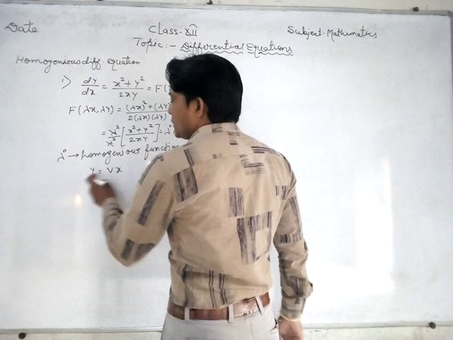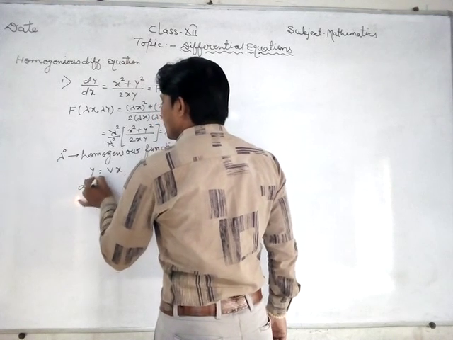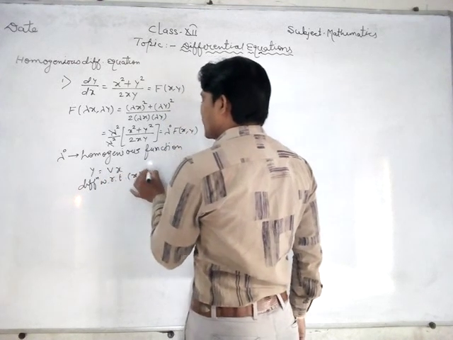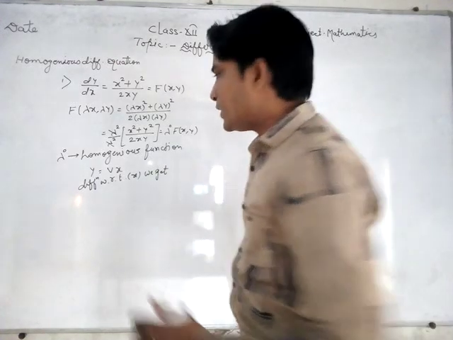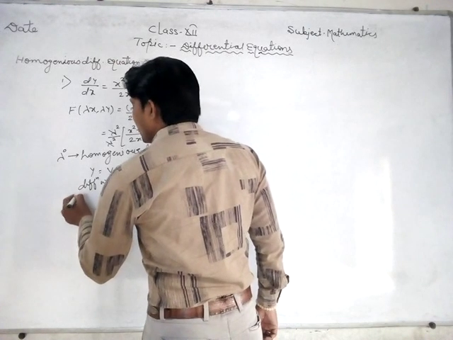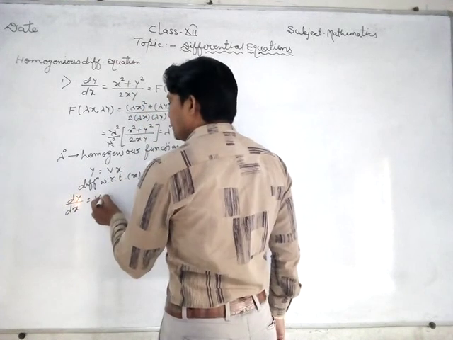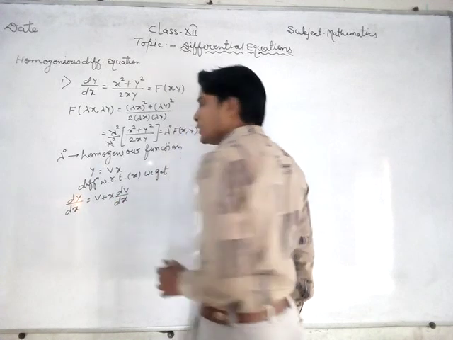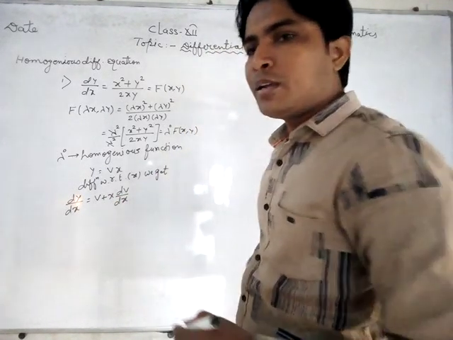Now differentiate with respect to x, and we get dy by dx is equal to v plus x dv by dx.